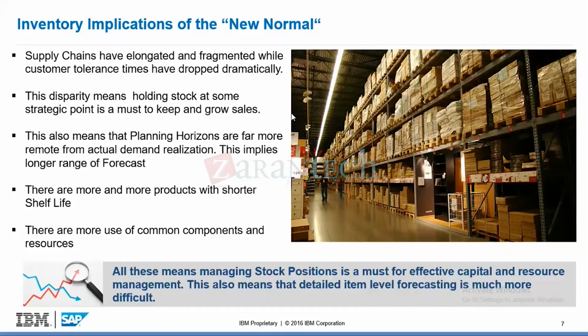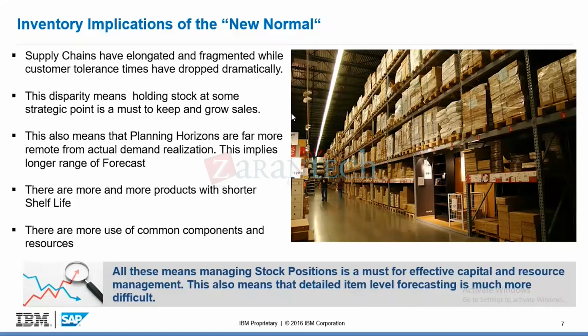Our planning horizon has become further from the actual demand realization, so a longer range of forecast has come up. Products have shorter and shorter life cycle or shelf life, and there is more use of common components. All this means we have to manage stock positions for effective capital and resource management.